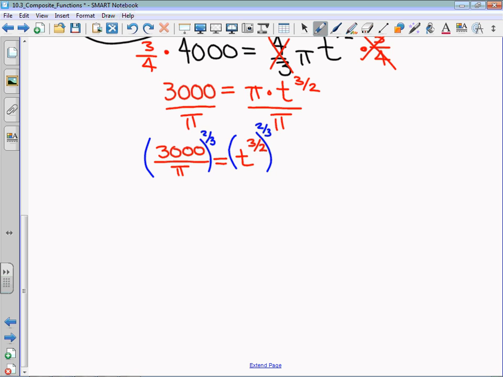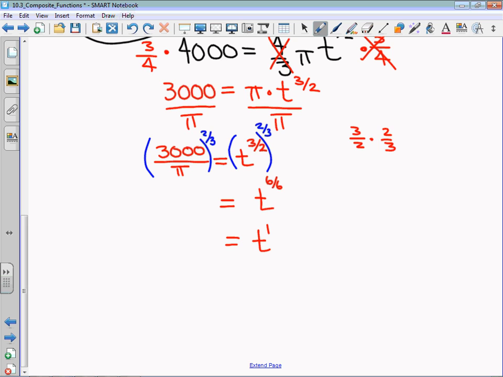This works because a fraction times its reciprocal, which is a power to a power, makes the right-hand side t to the power of 6 over 6, because 3 over 2 times 2 over 3 is 6 over 6. But that's not the best way to leave it. I would leave it as t to the power of 1. And that's solved now, right? T to the power of 1 gives us our solution.